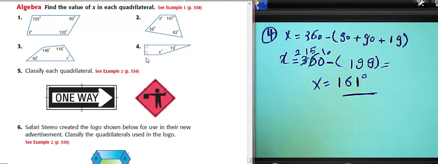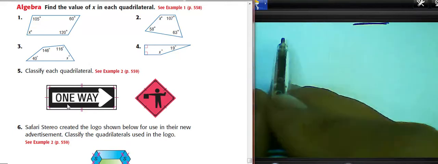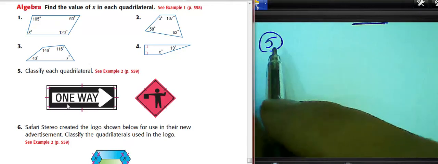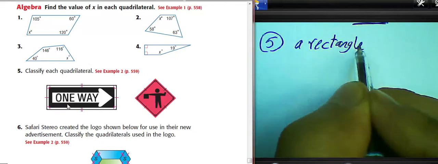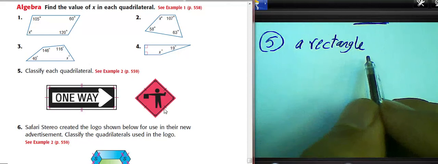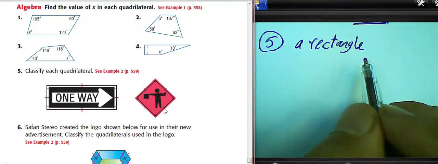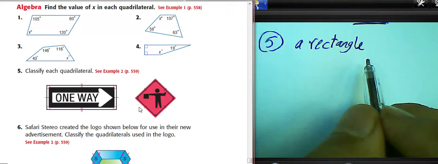Question 5, classify each quadrilateral. This quadrilateral will be a rectangle. Question number 5, this figure is called a rectangle. And this figure will be what? We know we have four sides equal in length, all sides congruent. And we have four angles, the measure of each of them equals 90 degrees.